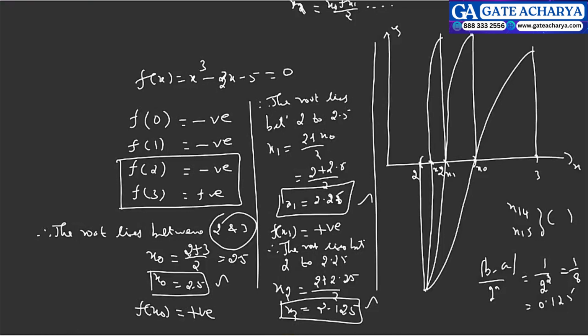Negative, negative, negative, and then positive. So one negative, one positive. Continuously negative and then one positive. Then the root is there. In the intermediate value theorem, f of a and f of b have opposite signs.